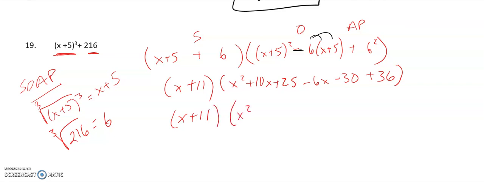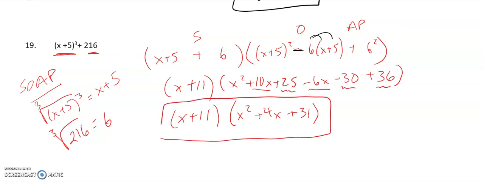So we'll have x squared. Then I have some like terms, 10x minus 6x, which would give me positive 4x. And then 25 minus 30 would be -5, plus 36, which would be 31. And it looks like this might factor, but again, we know there are no factors of 31 that add up to 4 because the leading coefficient is 1. So that is the final product.